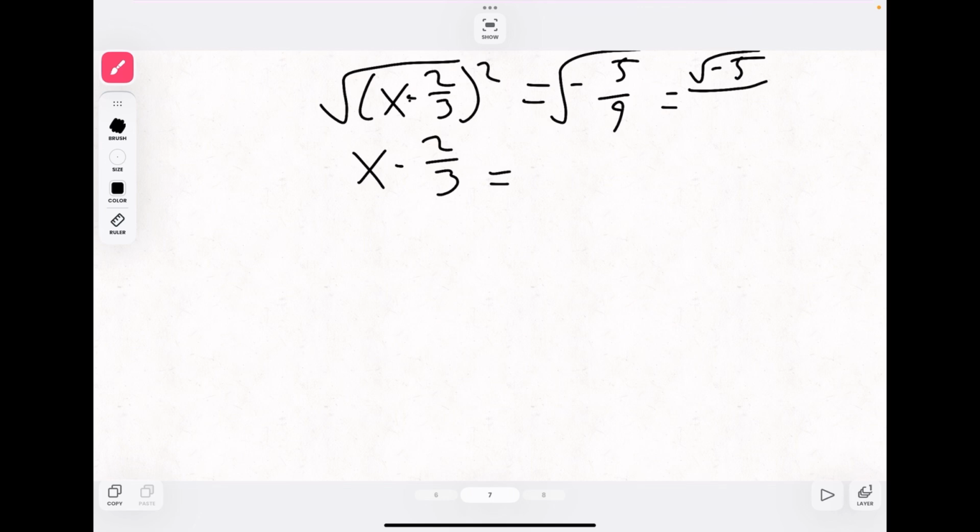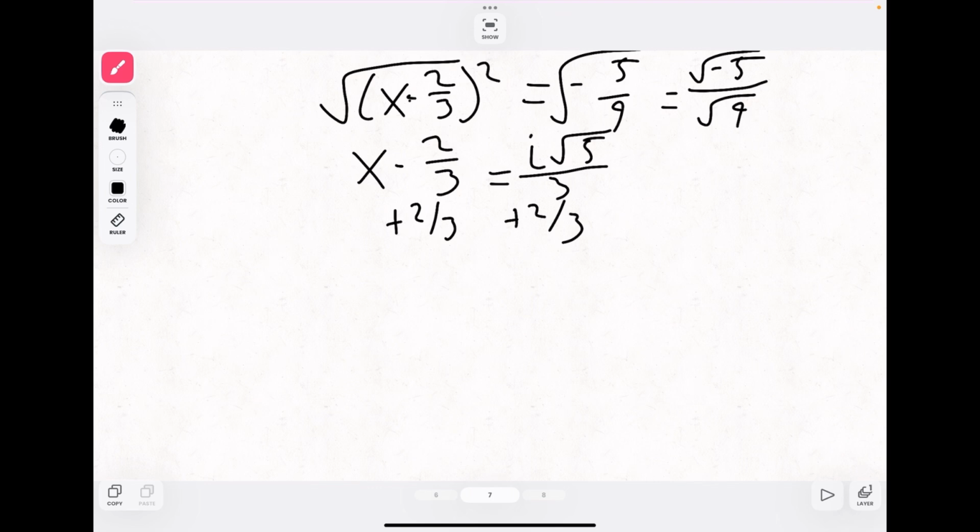So the square root of negative 5 over the square root of 9. And the square root of negative 5 is equal to imaginary number i times square root of 5, over the square root of 9, which is 3. And then from here, you're just going to simply solve for x by adding 2/3 to both sides.